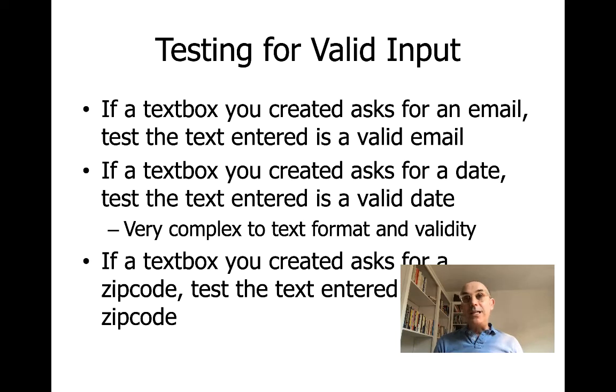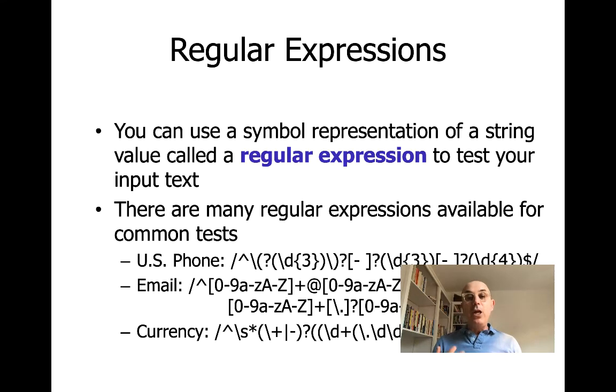So if a text box you created asks for an email, you test whether the text entered is a valid email, and you have the ability to control or validate it. A regular expression can be tested against the input text. For example, a telephone number.